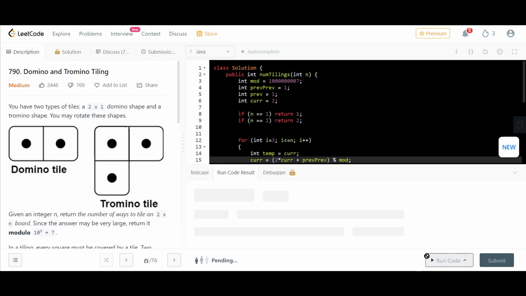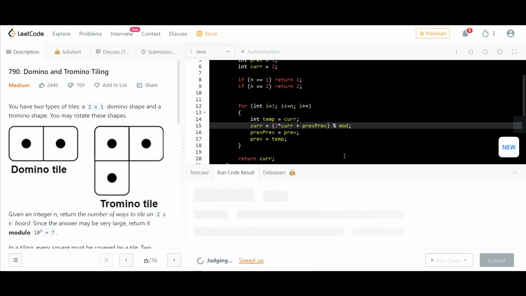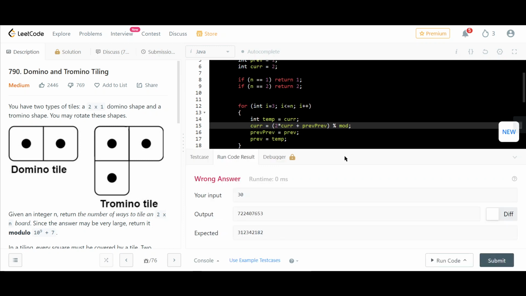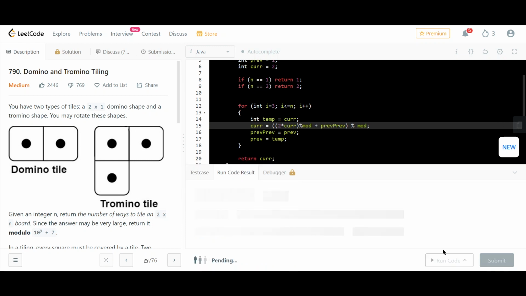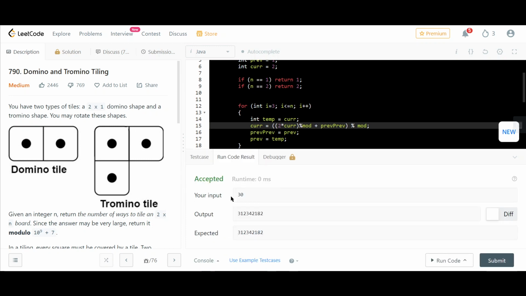So 30, run code. And you still get a wrong answer for 30. Should I try something like this? I don't know. Okay, yeah, this works. So submit.